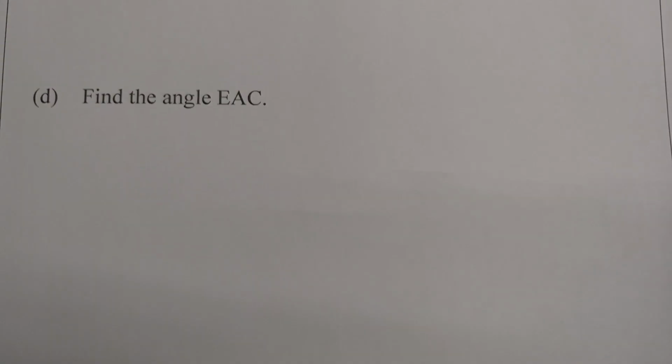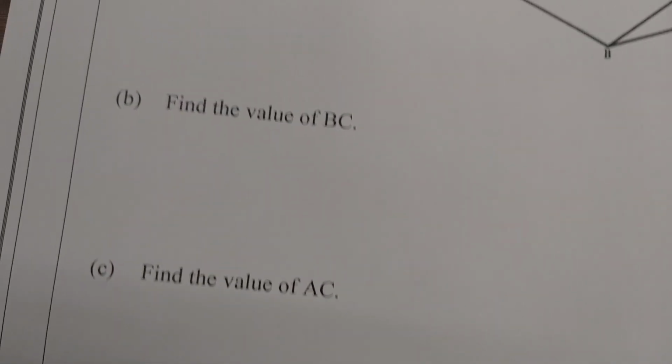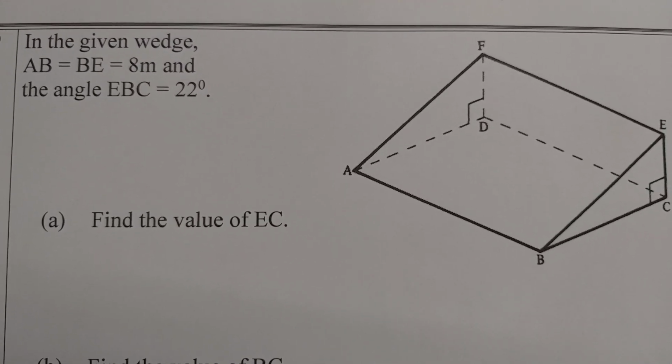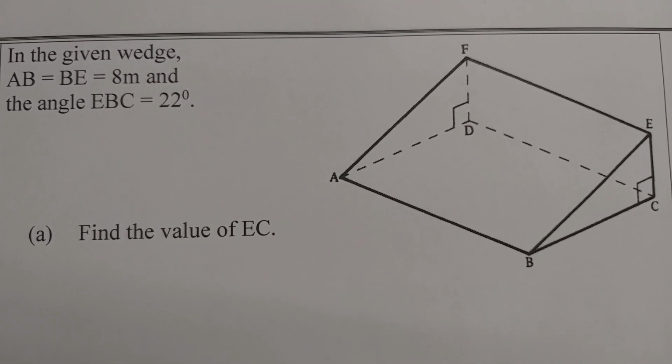Okay, the next question is about the wedge question, and it is the last question for this final revision sheet. Again, we are given some information. We follow the information and find the answer. We are given EC.